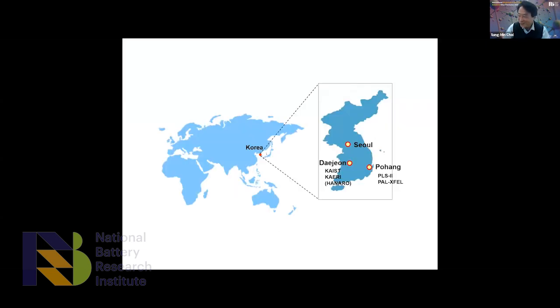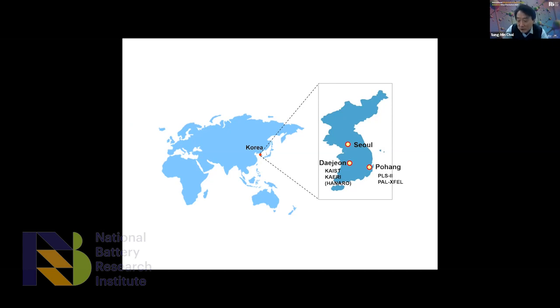It's a bit away from Indonesia now, but KAIST is located in Daejeon, which is about 150 kilometers south from Seoul. In Daejeon, there is a Korea Atomic Energy Research Institute, which has Hanaro Research Reactor.